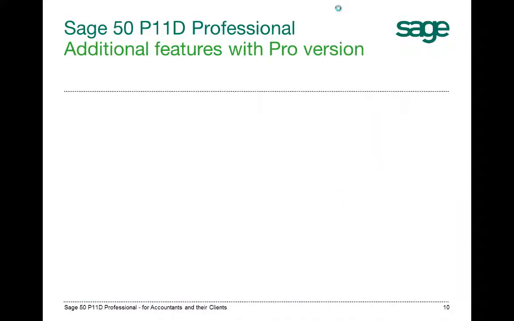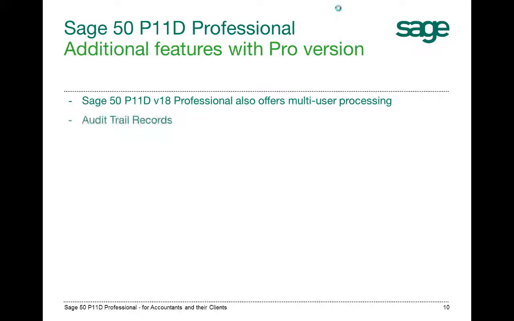So what are the additional features with the professional version of the software? So Sage 50 P11D version 18 Professional also offers multi-user processing, where more than one user can access the software at one time. You can also have the audit trail functionality in there, so that records amendments made to the database and who made those changes.